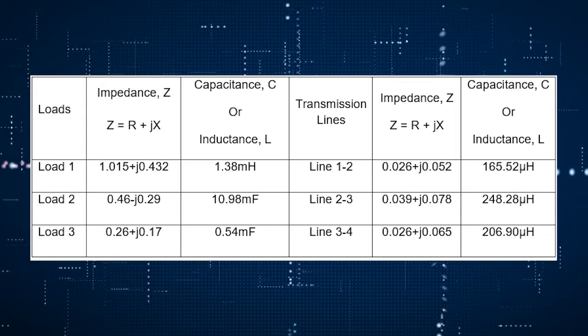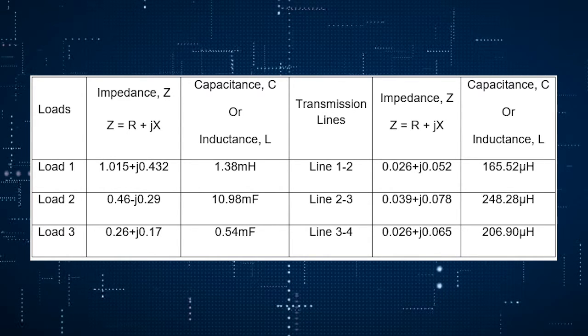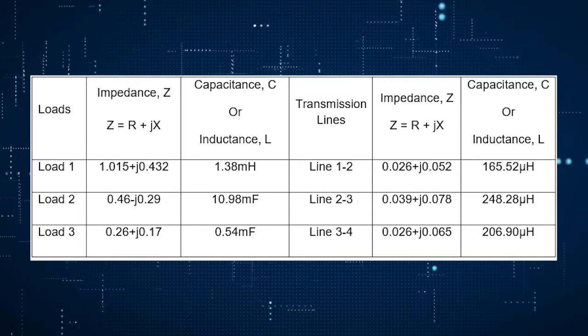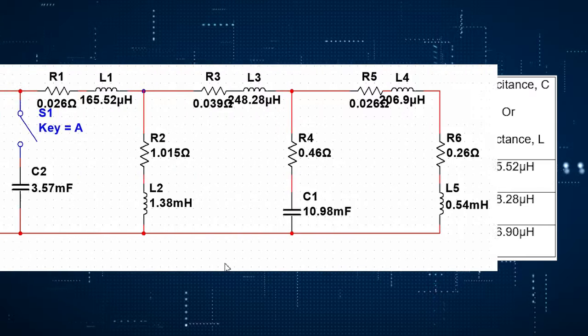Since we have all the values of R, L, and C obtained from the impedance, we have to apply them into the circuit, and for our task, this is the circuit diagram that we have figured out.